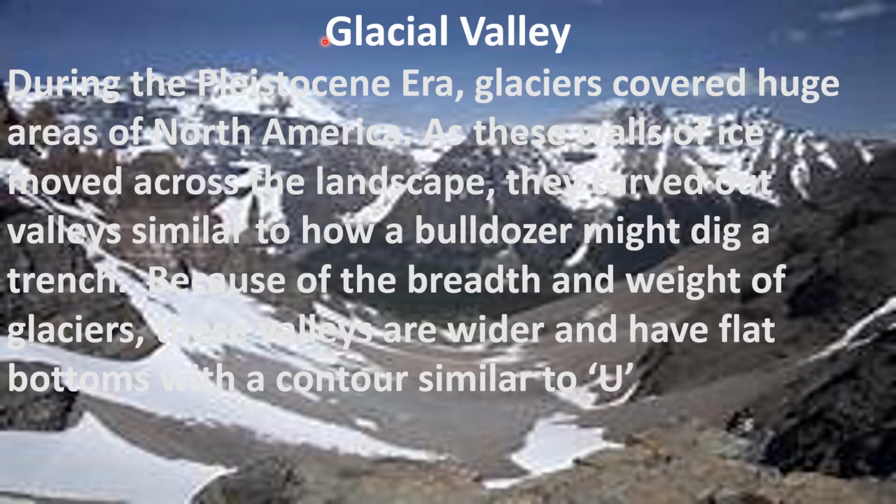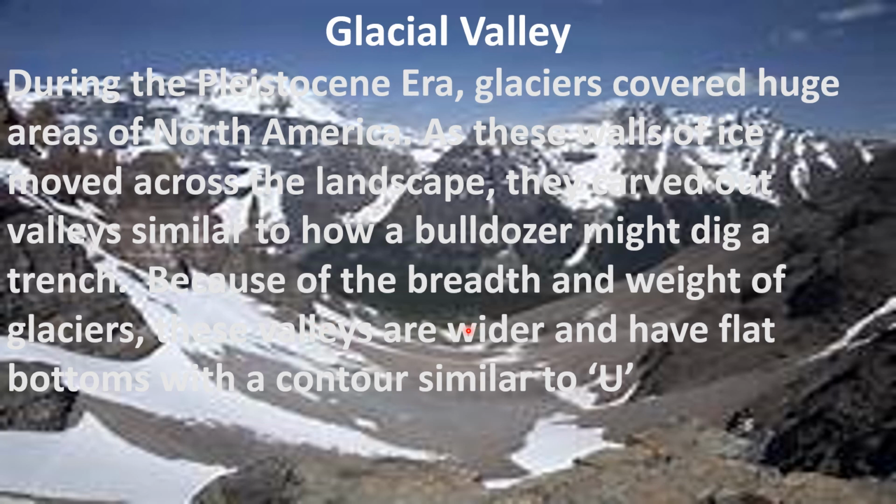Now glacial valley, as the name suggests. During the Pleistocene era, glaciers carved huge areas of North America. As these walls of ice moved across the landscape, they carved out valleys, similar to how a bulldozer might dig a trench.